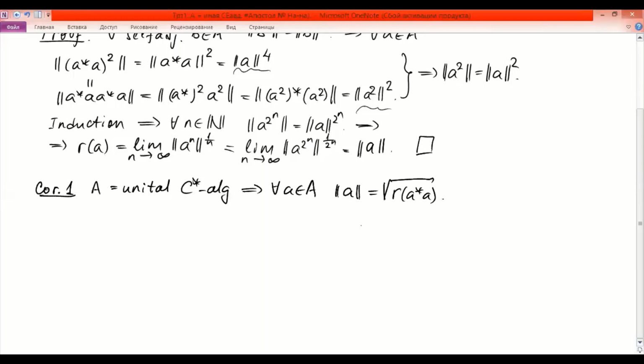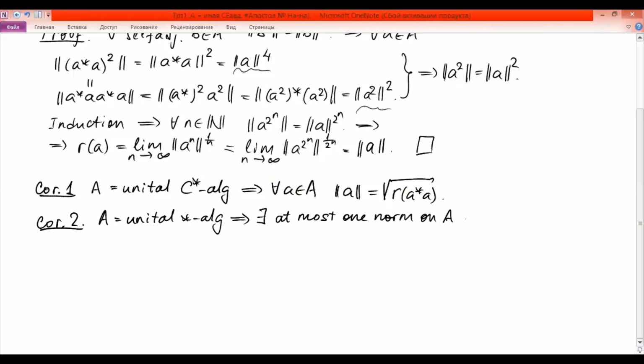As a special case, as a corollary, we see that if A is a unital star algebra, then there is at most one norm on A making A into a C-star algebra. This is immediate from corollary 1.